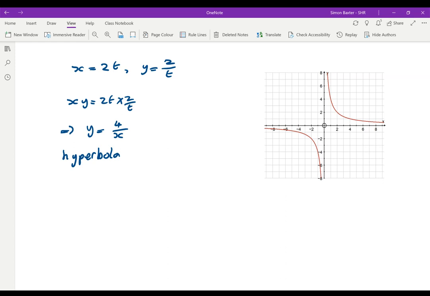Note that with a hyperbola, we have asymptotes. The x-axis and the y-axis are both asymptotes. So we can record that the x and y axes are asymptotes. And in this case, the asymptotes are perpendicular.